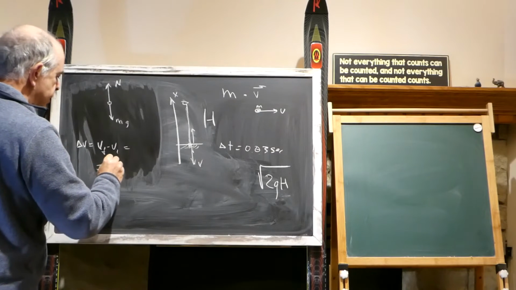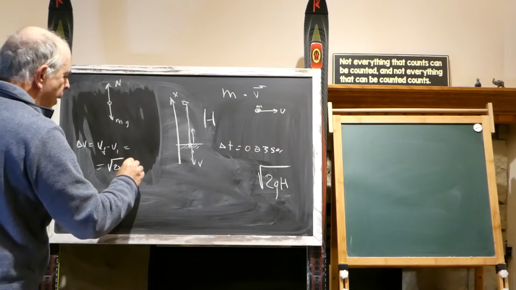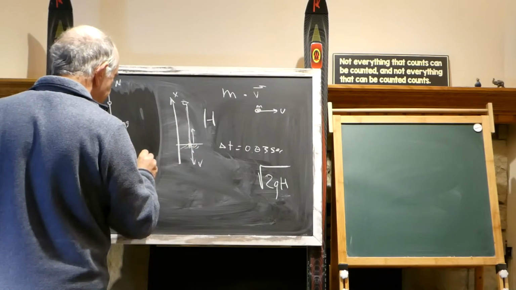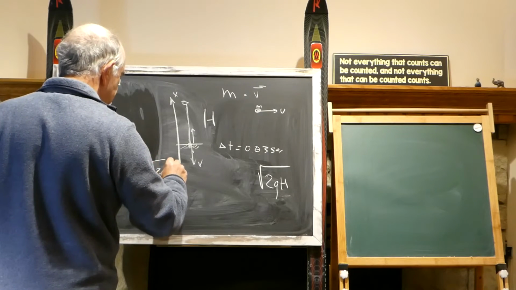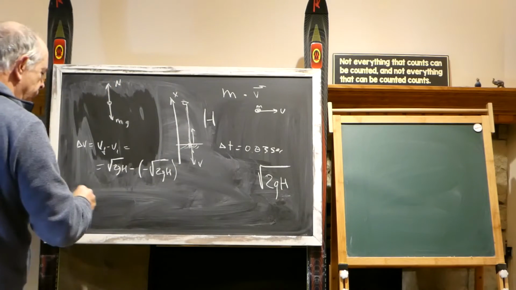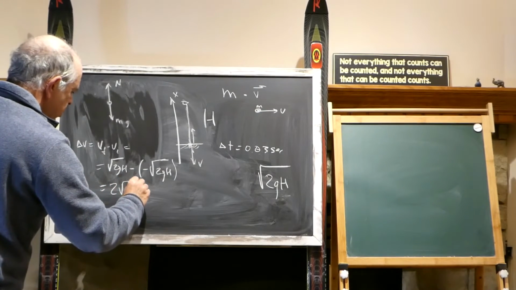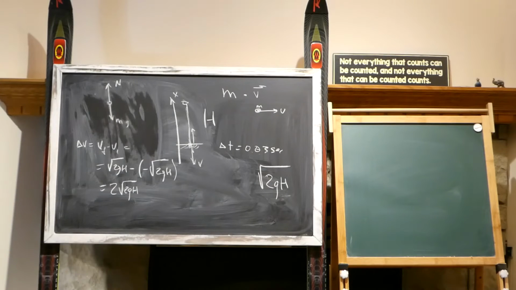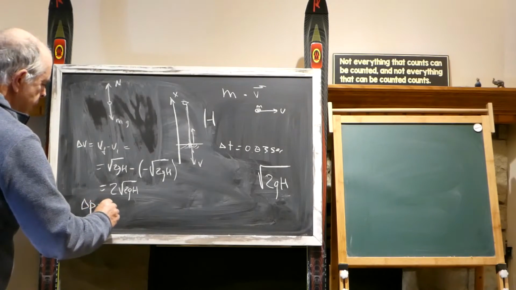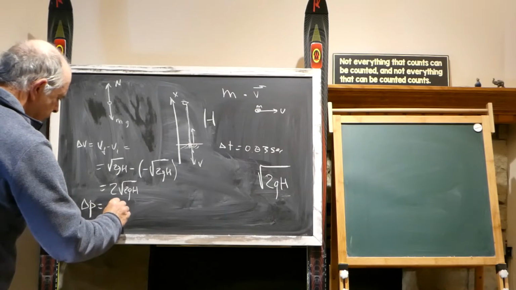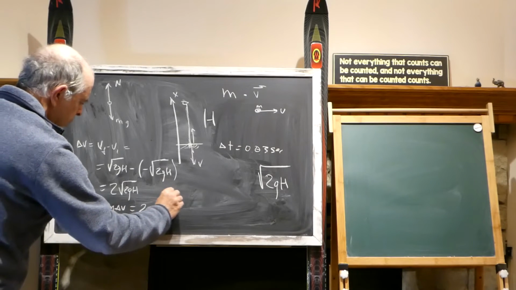And v final is the square root of 2gh, minus, and the initial has another minus because it's directed down and it's exactly the same, square root of 2gh. And so it would be 2 square root of 2gh. This is the change in speed. Accordingly, the change in the impulse would be m delta v, and it would be 2m square root of 2gh.